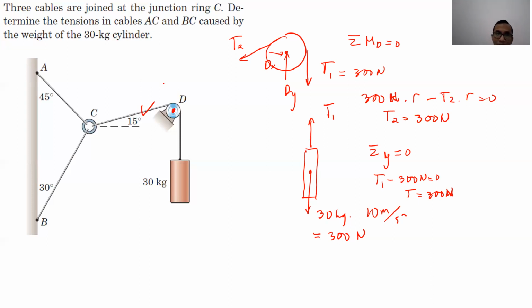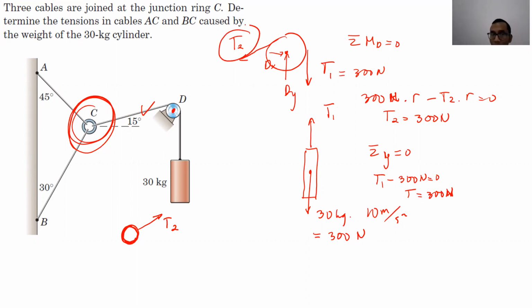Okay, Judy, after we know the tension T2 there, the question is the tension at AC and BC. What we supposed to do next then? I think also another free body diagram on point C. Correct. So we have to draw this ring, right, at C. Okay, so now we try to draw the ring at C. What forces which is happening there? The first one that we know is T2, right? Yeah, T2 going that way, because action and reaction with this one.